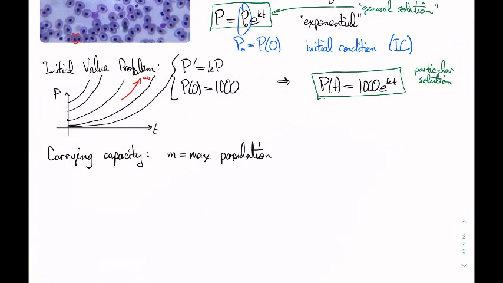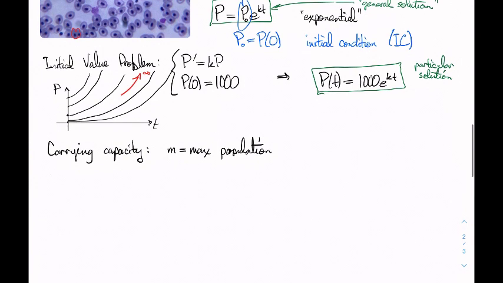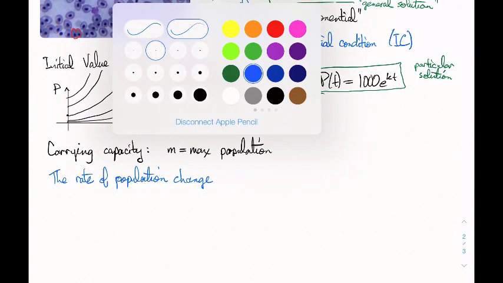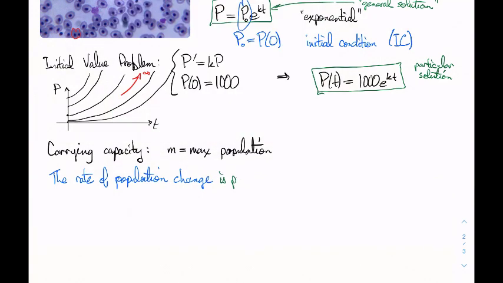Well, if we go back to the original equation, what was it trying to record? It was saying that the rate of population change is proportional to the current population size.